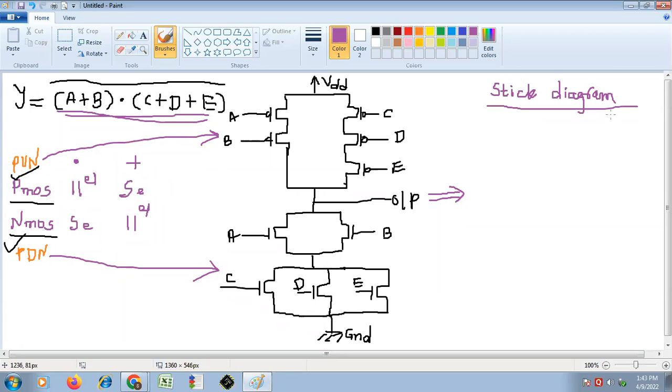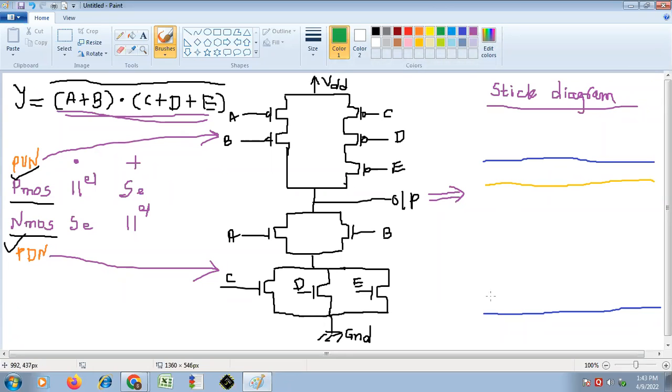Stick diagram representation. Now for stick diagram, first we have to draw a VDD, right, and ground line. Then the P type diffusion is represented by yellow color, so this is P diffusion.